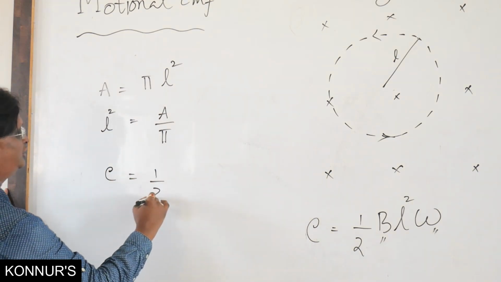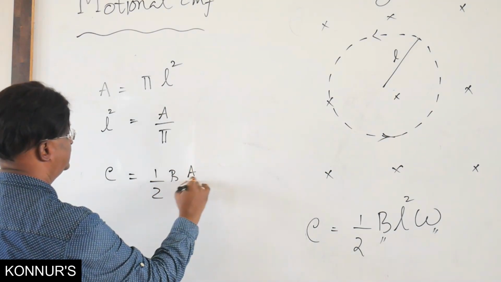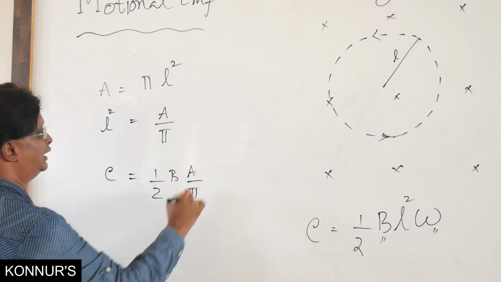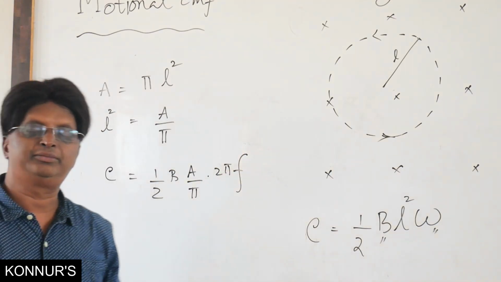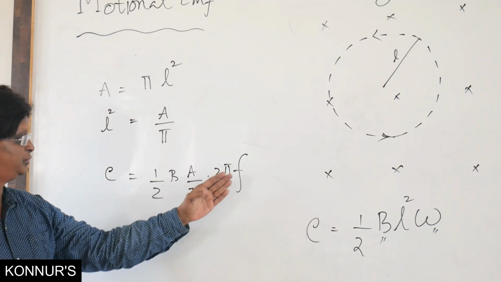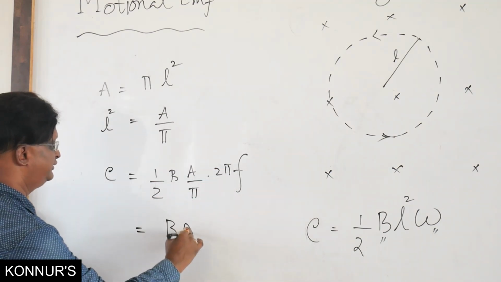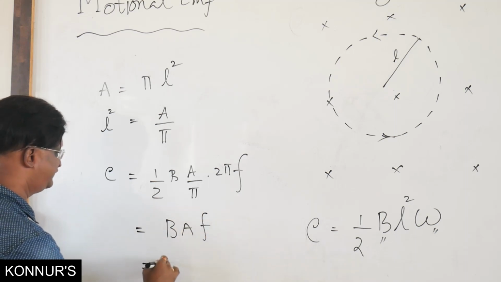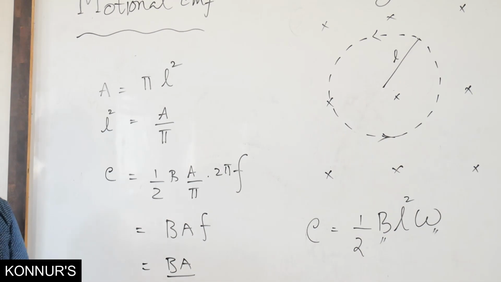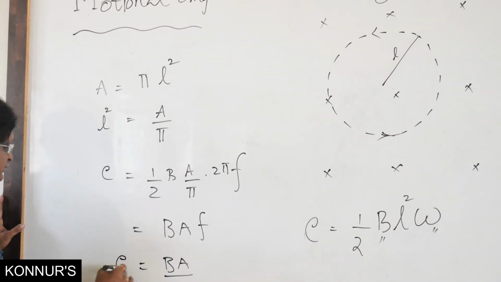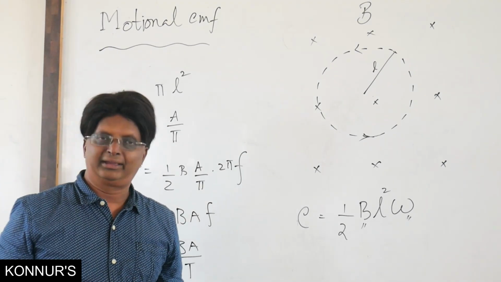E is equal to half B, L squared is A by pi, and omega as well. Supposing it is given in terms of frequency or time period, then we write it as 2 pi f or 2 pi by T. So this gives you B A f, or B A by T, where you will find again different relations and some numerical examples also.